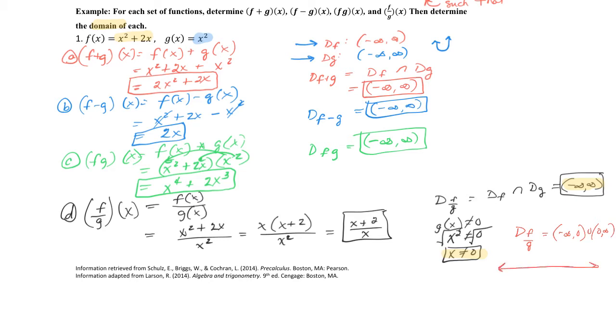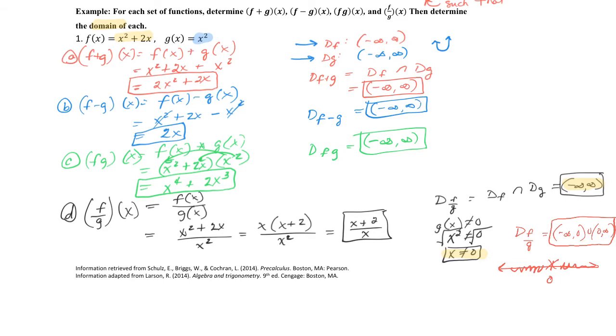And so if you want to see that on a number line, I know that the intersection of the domain of f with the domain of g is negative infinity to infinity, but x cannot equal 0, so it can be anything else. So negative infinity to 0 union 0 to infinity is your final answer for the domain of f divided by g.